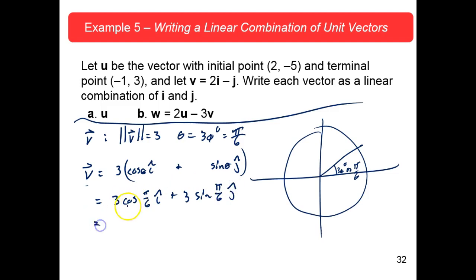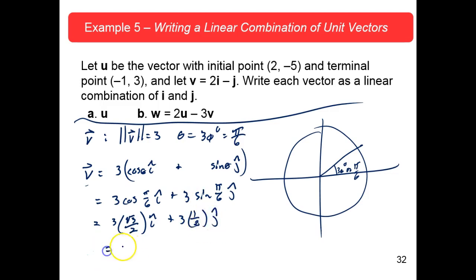Well, what is cosine of pi over 6? Root 3 over 2. So that would be 3 times root 3 over 2 i plus 3 times sine, which is 1/2, j.